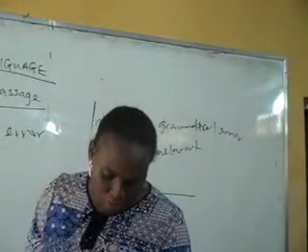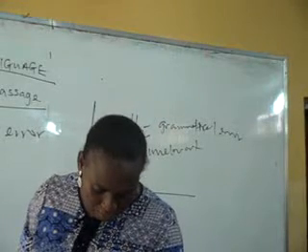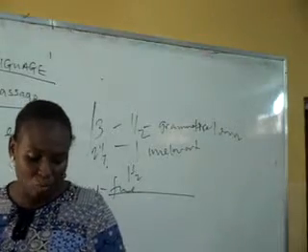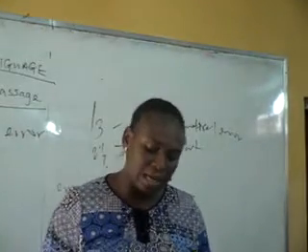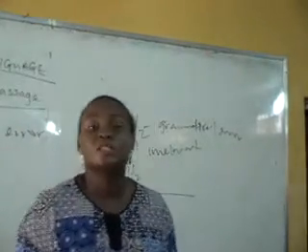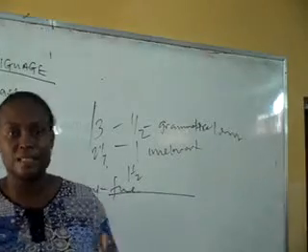Then, if a candidate writes more than the required number of sentences, we will mark the required number only. That means you are told to give 5 to 6 points, and you end up writing 8. You are betting, yes, Naira bet.